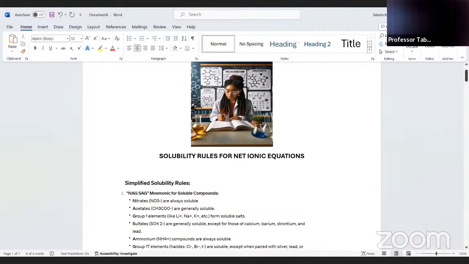Many students get this confused because they didn't learn certain rules. So when it comes to net ionic equations, keep in mind that it deals with balancing chemical reactions and knowing certain rules as they relate to solubility and insolubility. So indirectly, yes.